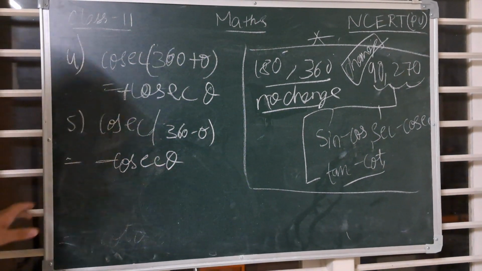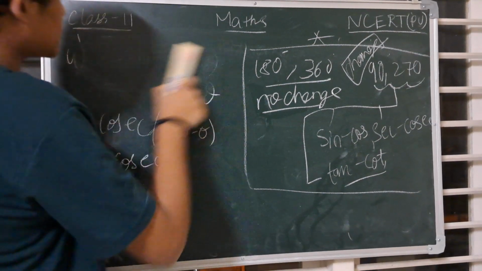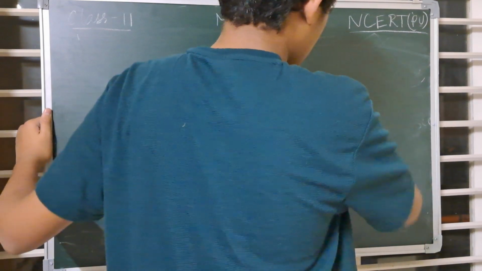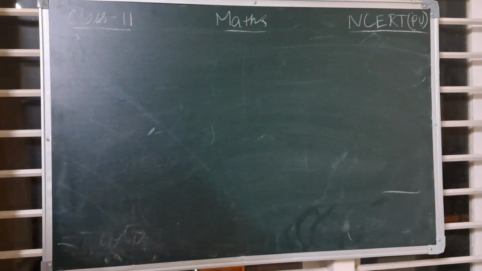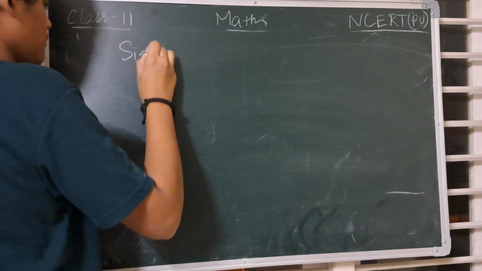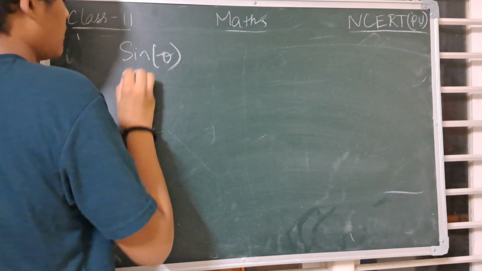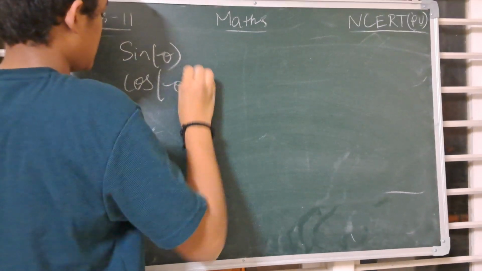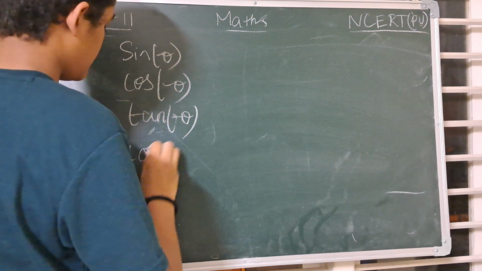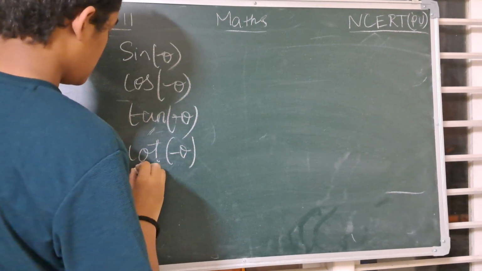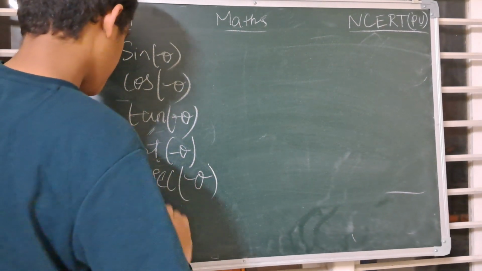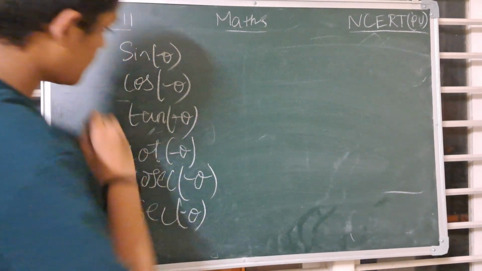And now we will go on to the minus theta formulas. In minus theta we will get sine of minus theta, cos of minus theta, tan of minus theta, cot of minus theta, cosecant of minus theta, secant of minus theta.